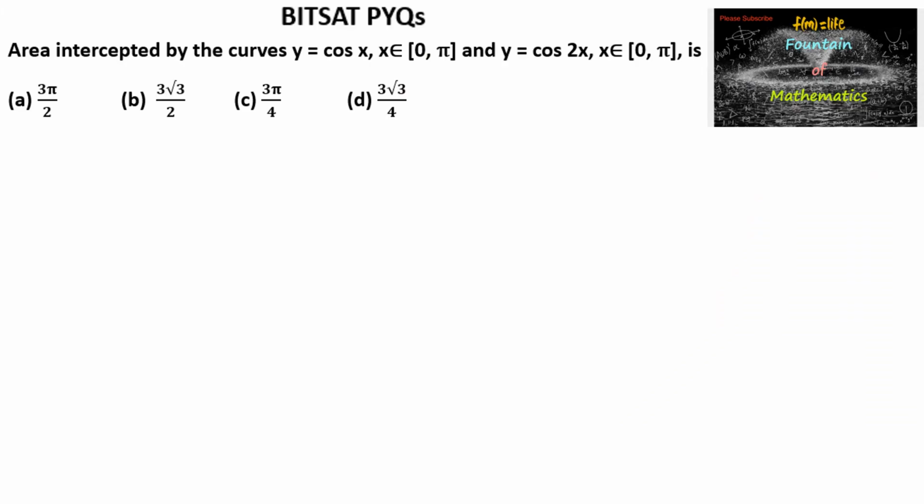We need to find the area intercepted by the curves y is equal to cos x and y is equal to cos 2x in 0 to 2 pi. Sorry, 0 to pi. Let's see the graph of cos x.